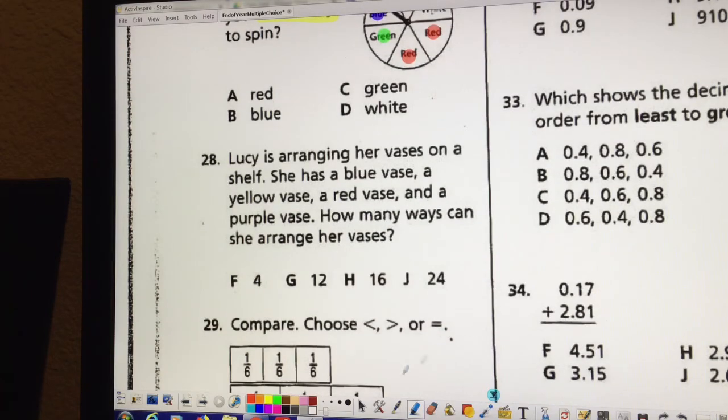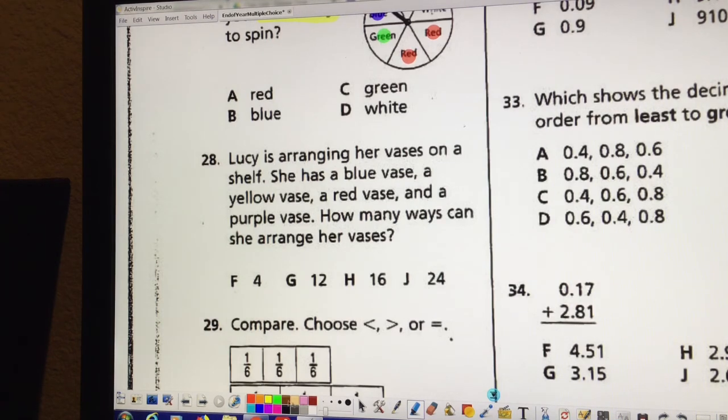Number 28, Lucy is arranging her vases on her shelf. She has a blue vase, a yellow vase, a red vase, and a purple vase. How many ways can she arrange her vases? This is going to be a tricky one for you guys. So draw it out.